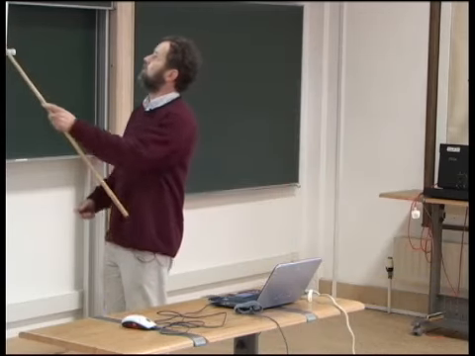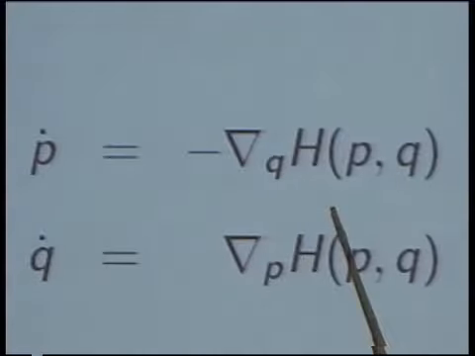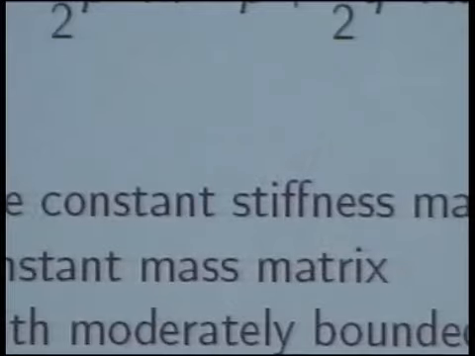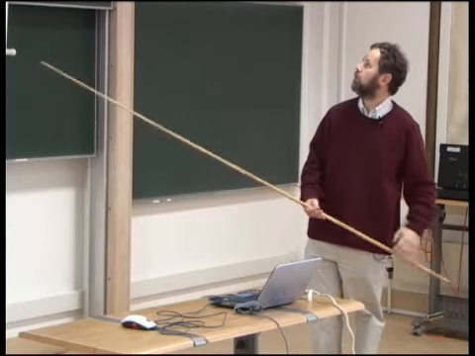So if we have a Hamiltonian function H depending on momenta and positions, these are, of course, the canonical Hamiltonian equations which we want to solve. And on the following transparencies, I will give you some examples or types, some classes of Hamiltonians which lead to oscillatory behavior, and which we would like to treat in a numerically effective way.